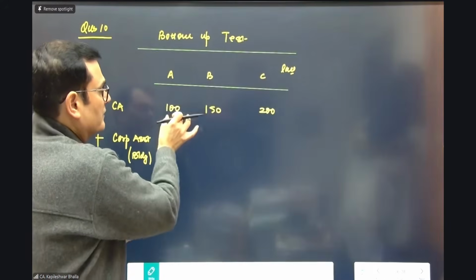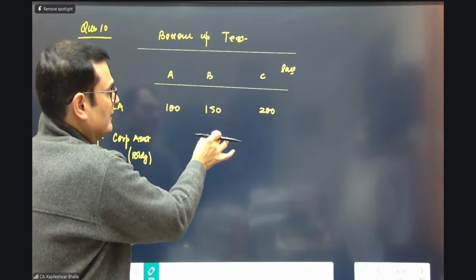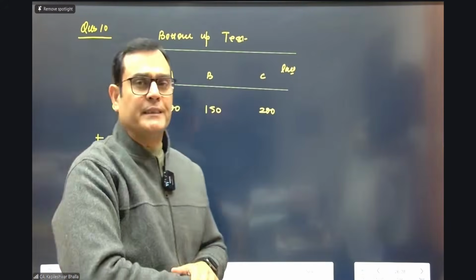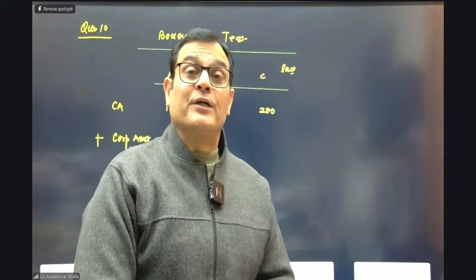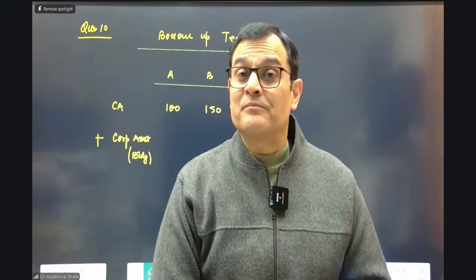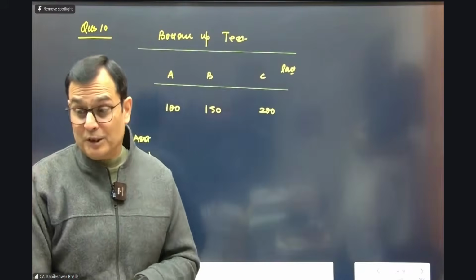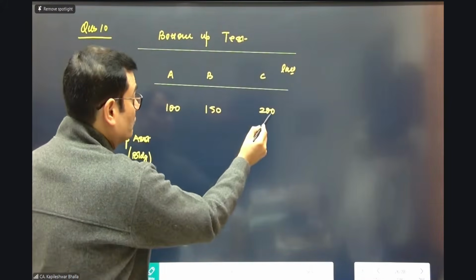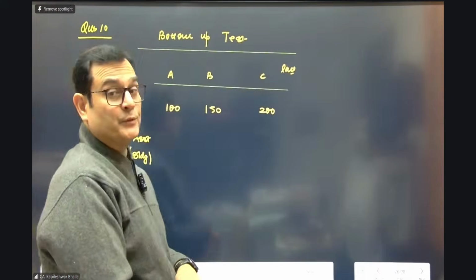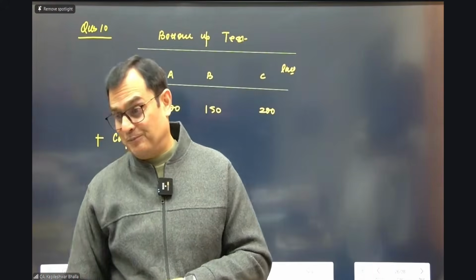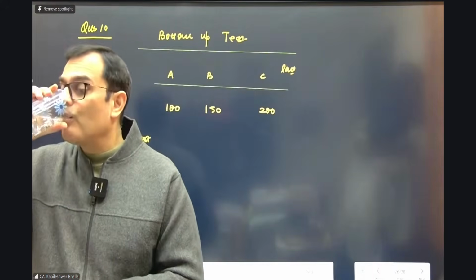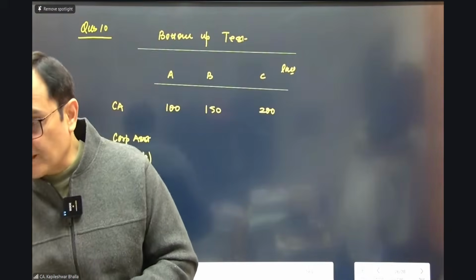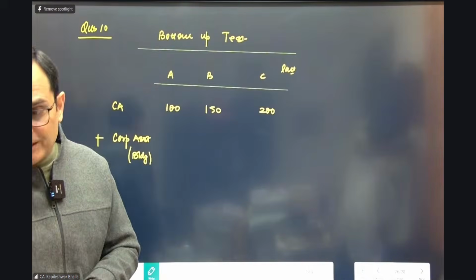This has got a life of 10, this has got a life of 20, this has got a life of 20. So what do you need to do? Relative carrying amount. Can you tell me what will be the ratio in this case? Am I going to consider the book value or are we going to amend the book value? And if yes, what is the ratio? So we need to divide 100 by 2.